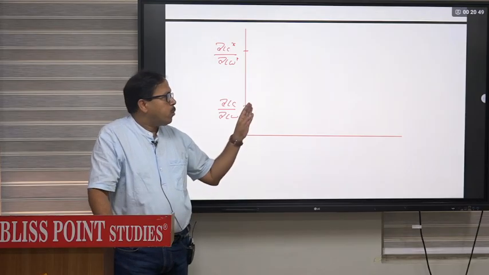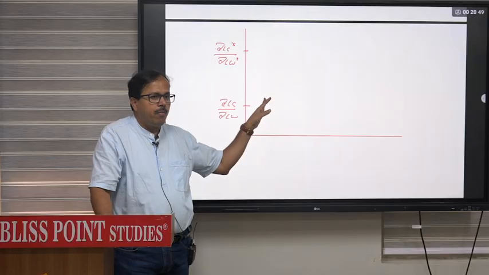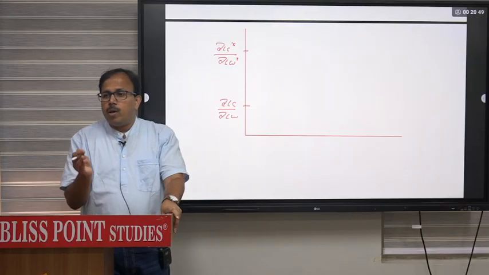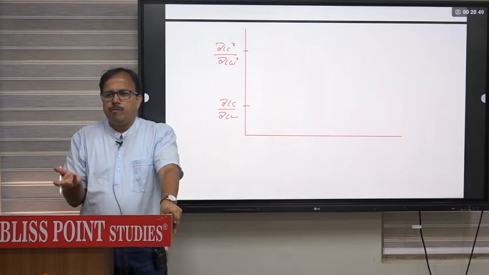So what we have to draw here is the relative supply and relative demand. We will draw the world relative supply, which consists of the home country and the foreign country.